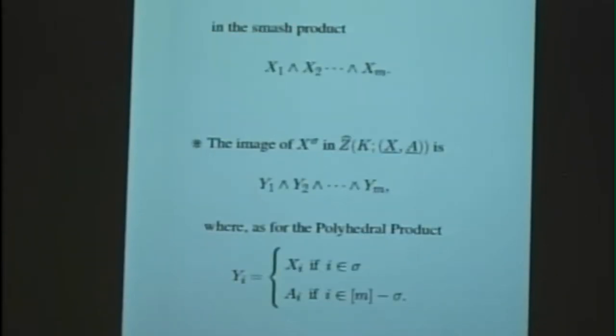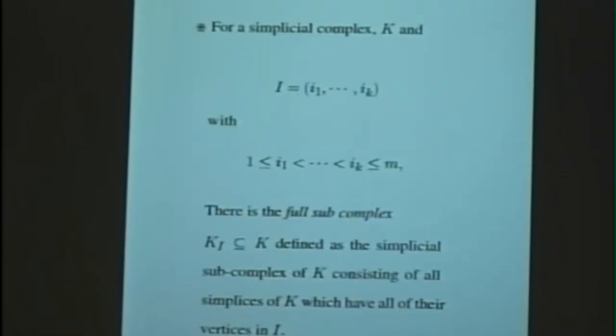So, for example, these X sigmas that I defined back in the polyhedral product functor, if you push them down into the smash product, you end up with the smash product of the Y's that replaced the X sigmas, and the Y_i are defined in exactly the same way as they were defined for the polyhedral product functor. Next bit of data.